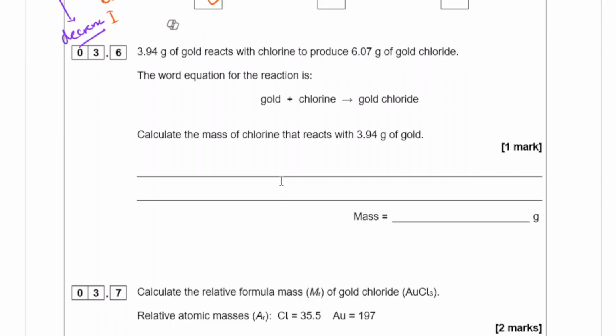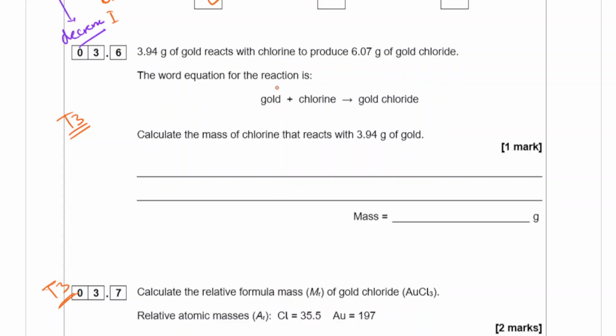Again, there's another question linking to topic 3 on quantitative chemistry. Any calculation is to do with quantitative chemistry. So question 3.7: 3.94 grams of gold reacts with chlorine to produce 6.07 grams of gold chloride.